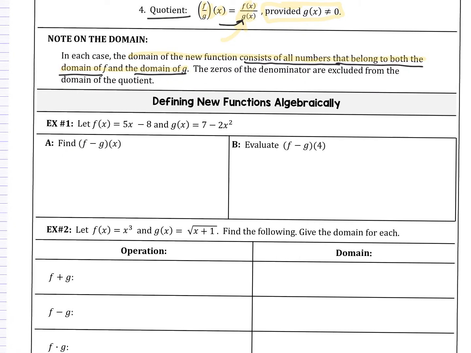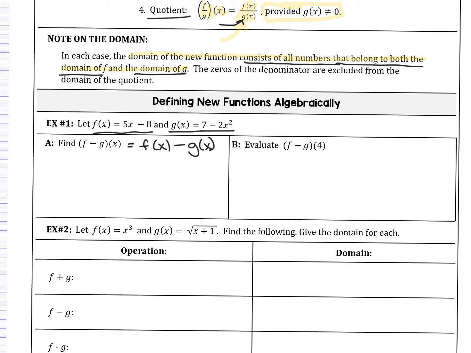In example 1, we are going to look at two functions. f of x is equal to 5x minus 8, and g of x is equal to 7 minus 2x squared. In letter A, it says find f minus g of x. So really what they're saying, f minus g of x, the difference, is f of x minus g of x.